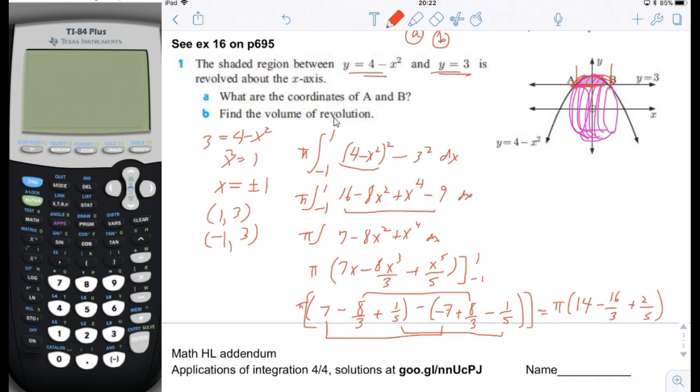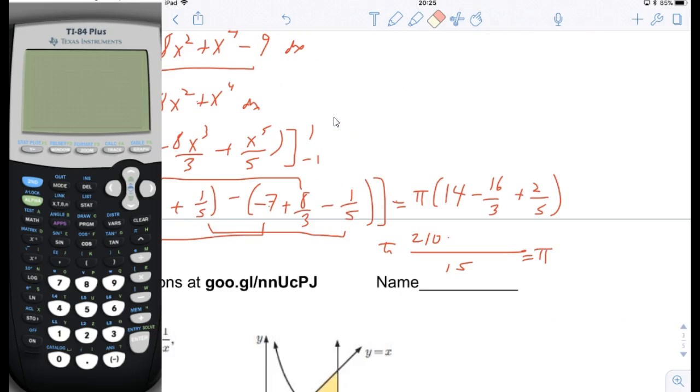Okay, and then let's see, I'm going to put everything over a common denominator of 15. So it'll be, let's see, 15 times 14, that's a big number. That would be 210. And then to change 16/3 into something over 15, I would multiply both the top and bottom by 5. 16 times 5 is 80. And 3 times 5 is 15.